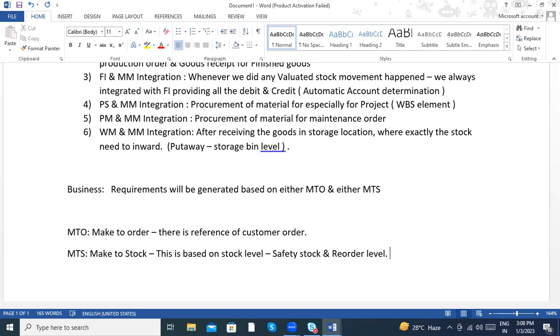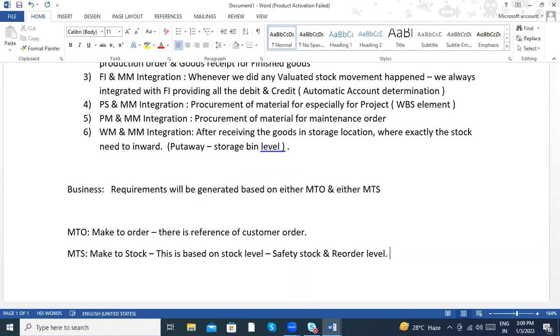So the stock level is my safety stock level, which we are regularly maintaining in my location. Suppose today there are 100 bags, tomorrow 70 bags, which is more than the 50 quantity we defined.